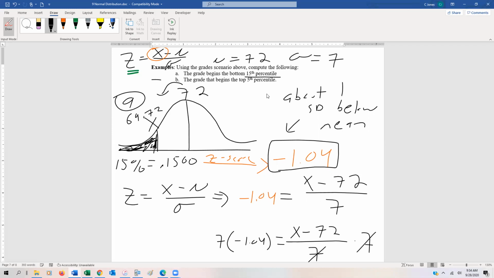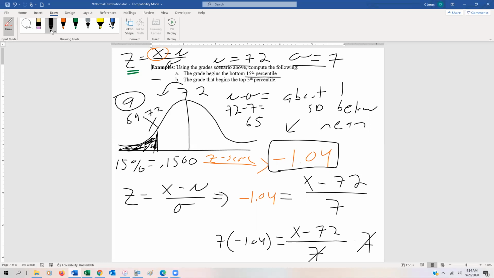And if we took 72 minus 7, because that would be mu minus sigma, that would be 72 minus 7, which would be 65. And 65 would be really, really close to 64.72, which it is. All right, so just some ways for you all to be thinking about, does the answer make sense? A lot of times we get our answers, but we want to make sure that they're logical.